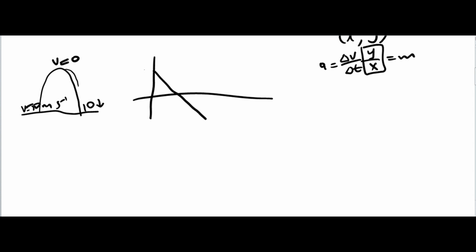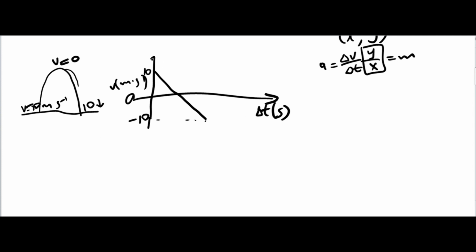So this is your initial velocity, it was 10. Then the final velocity now is also 10, but in the opposite direction. So it's negative. So we have v in meters per second. Okay. Then we have delta t in what? In seconds.